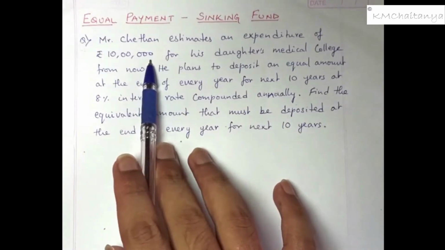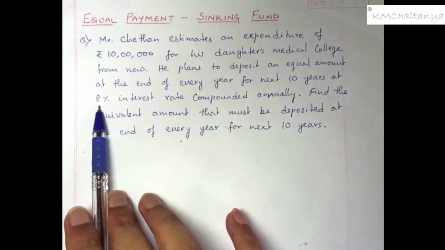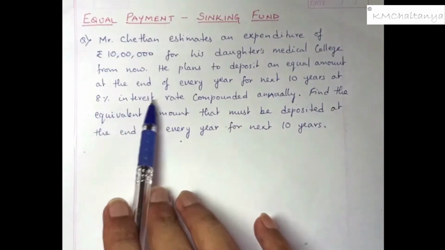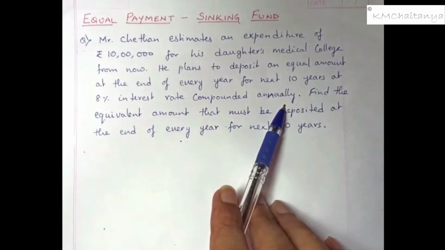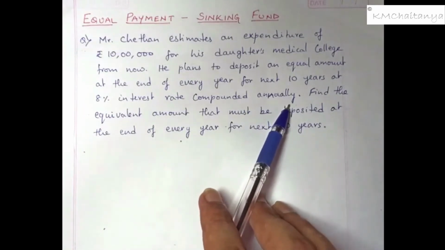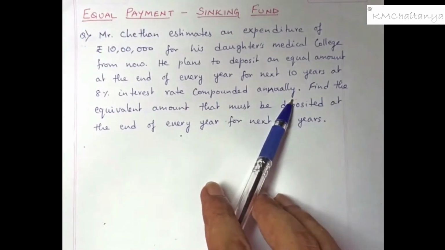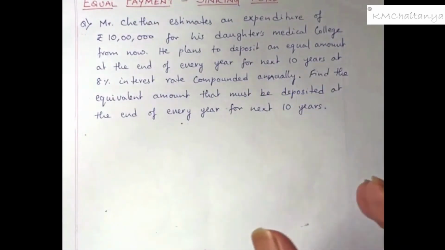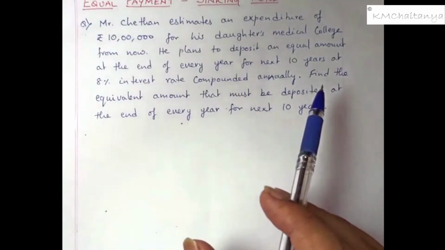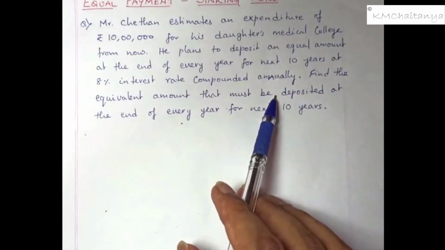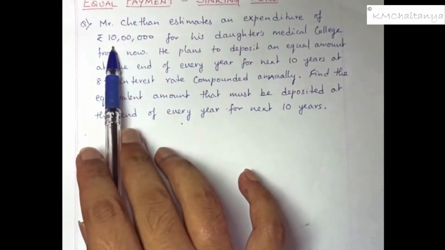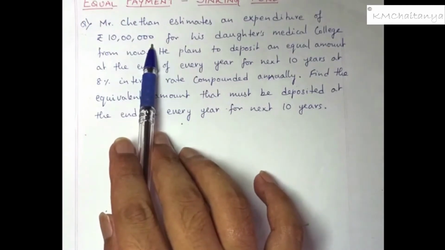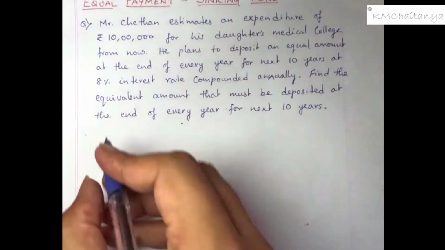For this particular investment, the bank is giving an interest of 8%, which is compounded annually. So in this question, we are supposed to determine how much Mr. Chetan needs to invest into the bank. That is the equal amount, how much he needs to invest at the end of every year, so that at the end of 10th year, he is going to get 10 lakh rupees. We'll solve the problem.